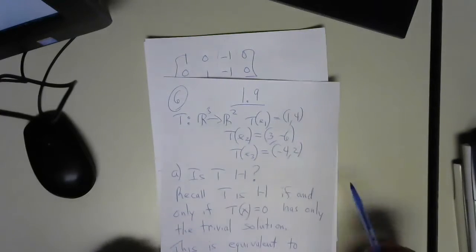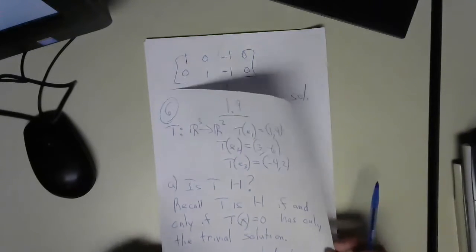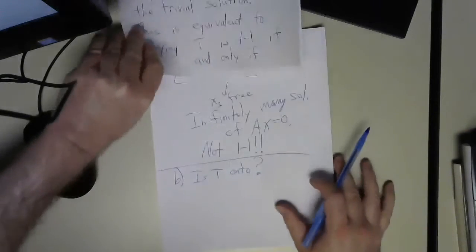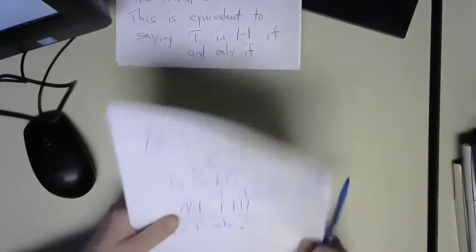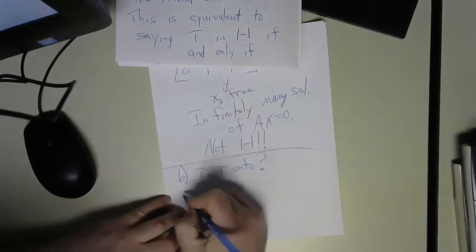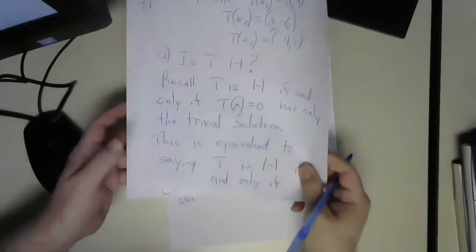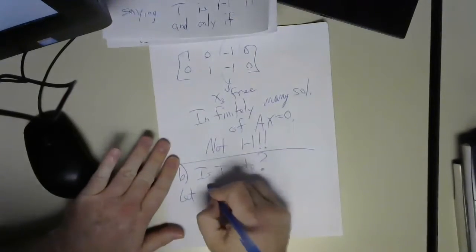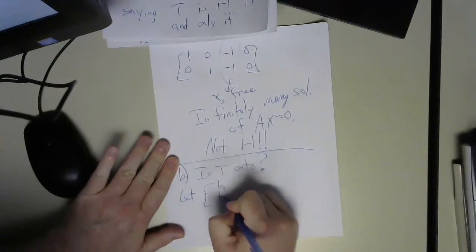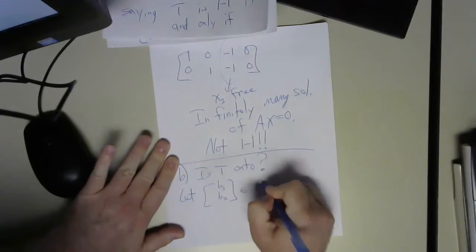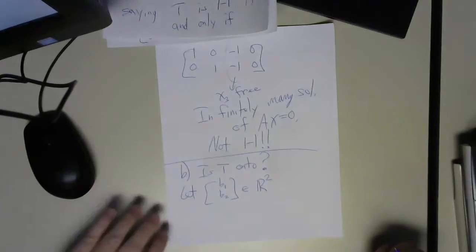So let's see if we can decide whether this thing is onto. One way to decide that is to let this be an arbitrary vector in R2, because that's the image space.